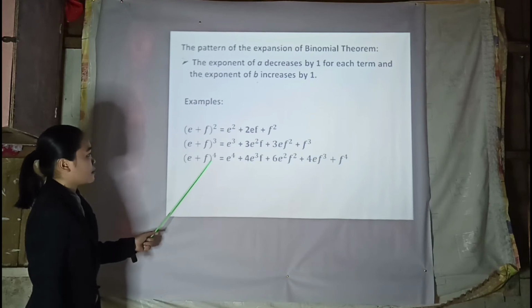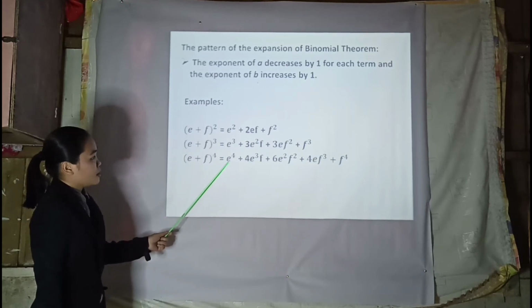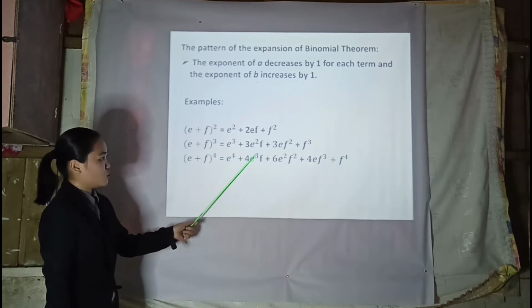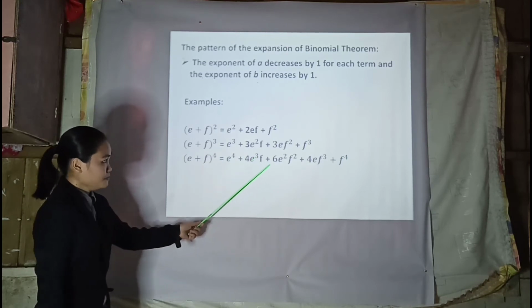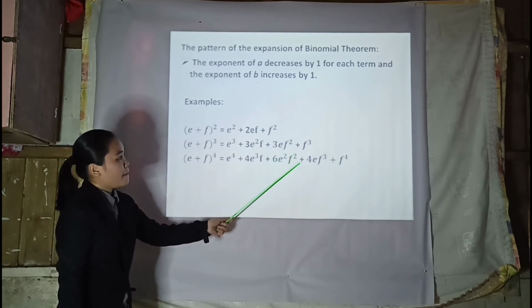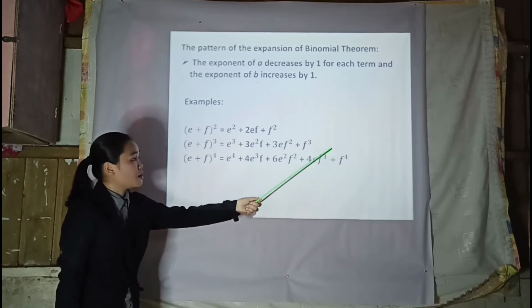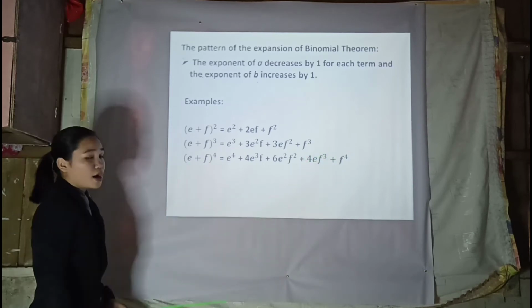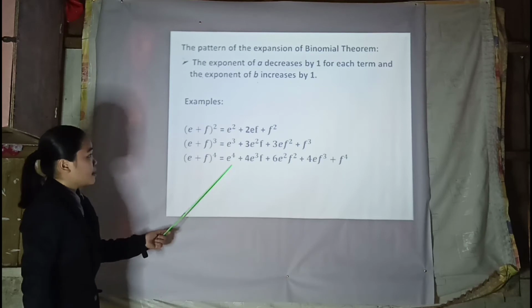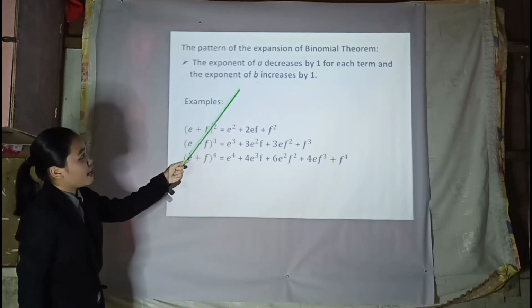(E + F) raised to 4 is equal to E raised to 4 plus 4E cubed F plus 6E squared F squared plus 4EF cubed plus F raised to 4. So, as I have said earlier, from this pattern, the exponent of A decreases.